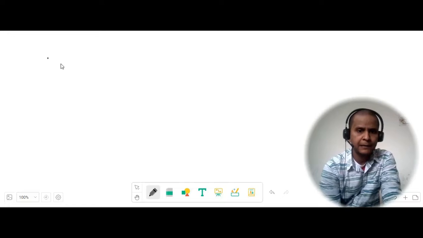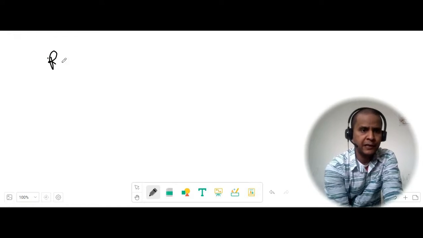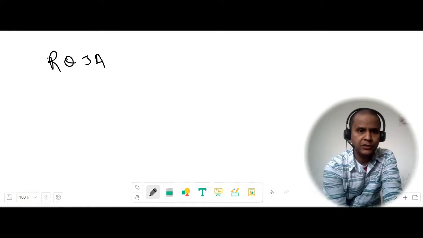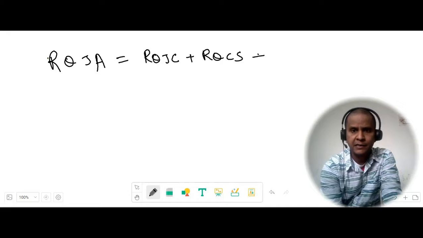let me write R theta JA. Junction to ambient thermal resistance is nothing but R theta JC, junction to case, plus R theta CS, case to sink, plus R theta SA, sink to ambient.